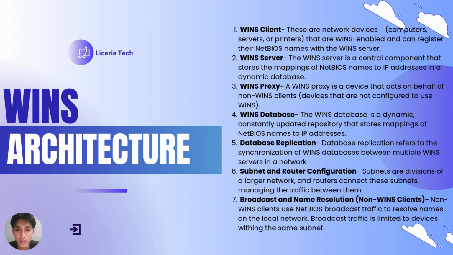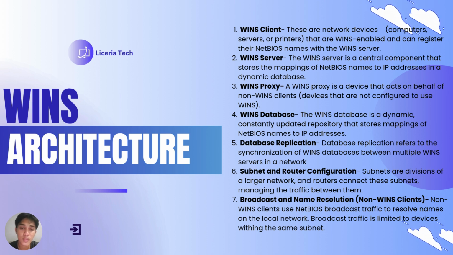Broadcast limitation means routers stop broadcast messages from going between different subnets. This means that computers that don't use WINS can only find names in their own subnet. Proxy support means a proxy helps non-WINS clients by sending their name requests to the WINS server, which can find names across different subnets.